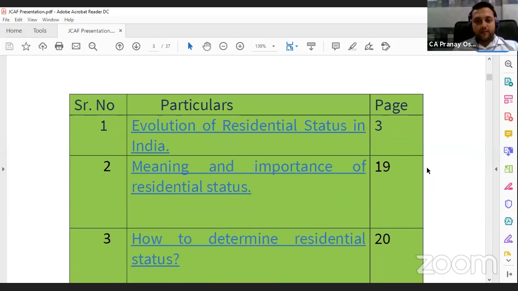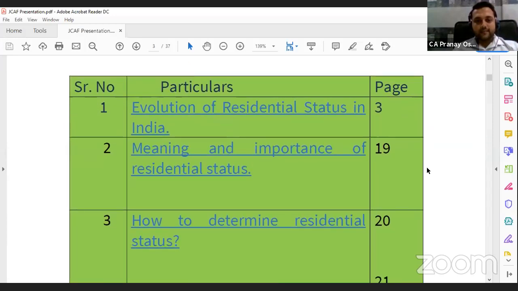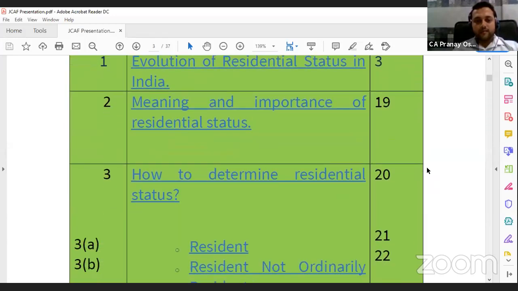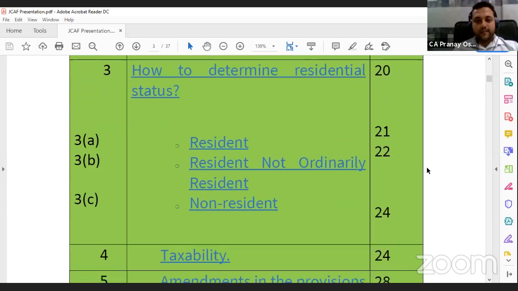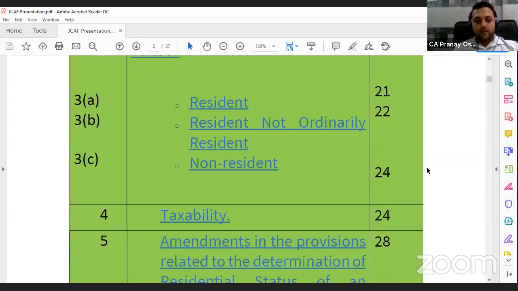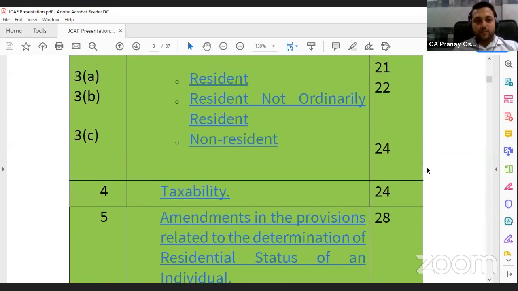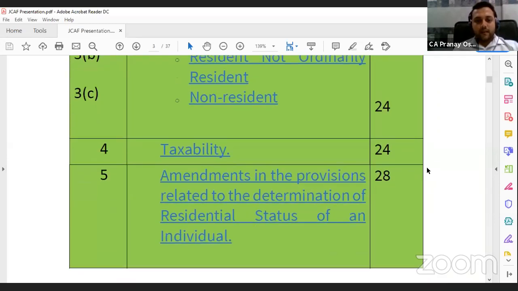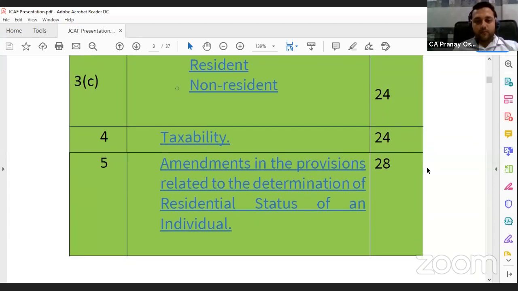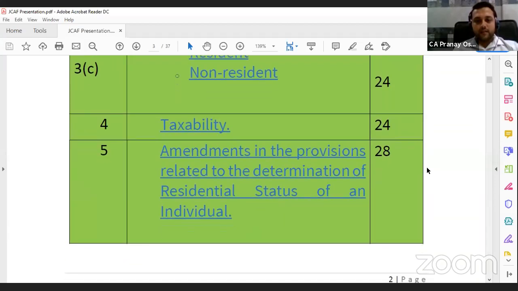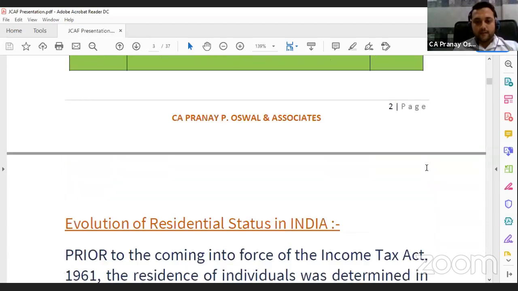It will have the evolution of residential status, followed by meaning and importance, and determination of residential status, divided into three categories: resident, resident but not ordinarily resident, and non-resident. Then I have also tried to cover a gist of taxability based on the determination, and the latest amendments in the provisions related to determination of residential status of an individual.